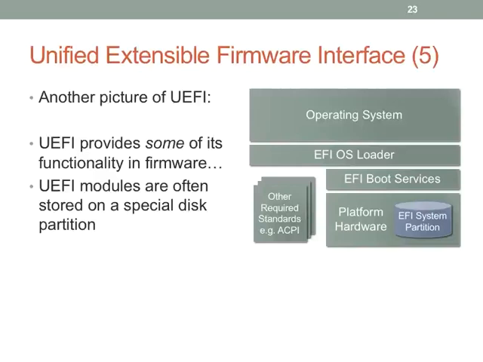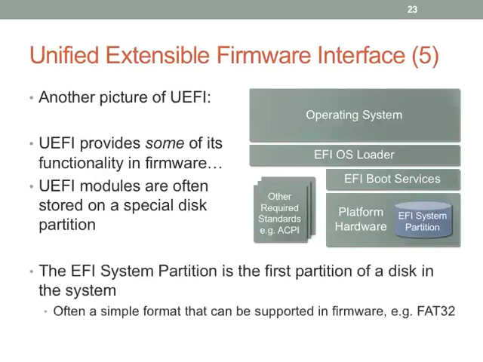Again, probably many of you have actually seen some kind of EFI system partition, and this is part of the UEFI specification. Okay? And it tends to be something that is simple to support in firmware. So FAT32 is really popular for the EFI system partition because it's really easy to write code to do FAT32. Well, really easy compared to something like NTFS or HPFS. I don't want to write it, but I mean, one could.